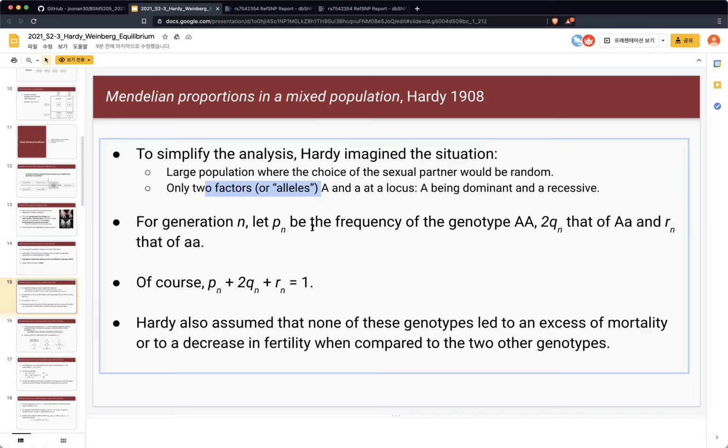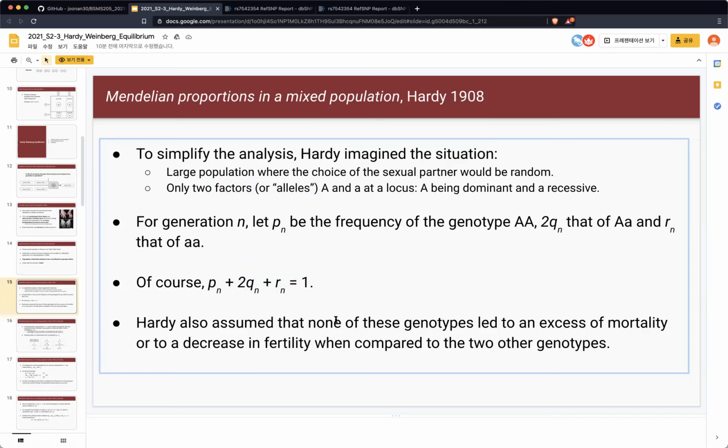For generation n, let Pn be the frequency of the genotype large A large A, 2Qn that of the heterozygous, and Rn that of the homozygous small a small a. These three have to sum up to 1, because this is the entire composition of the population, right?